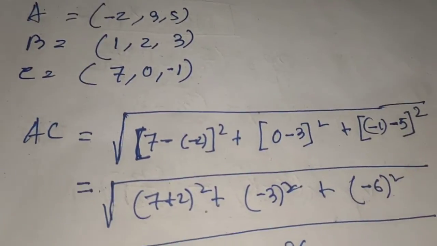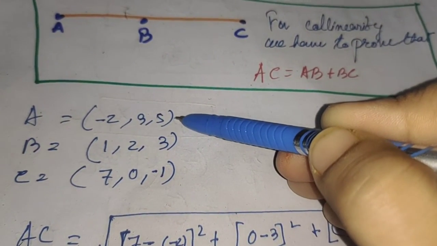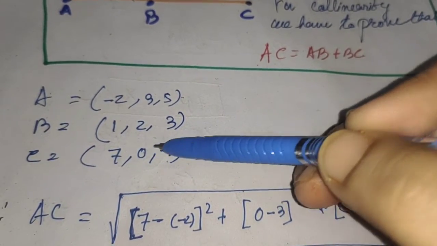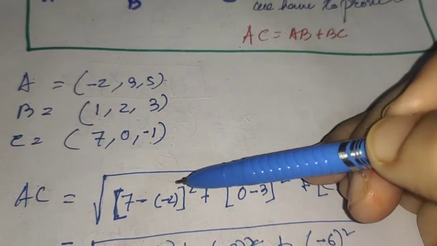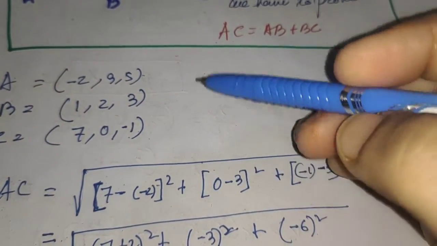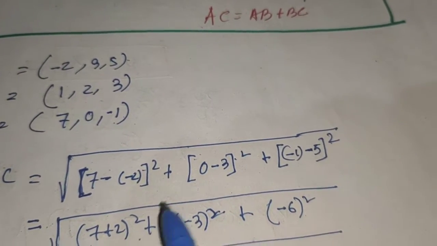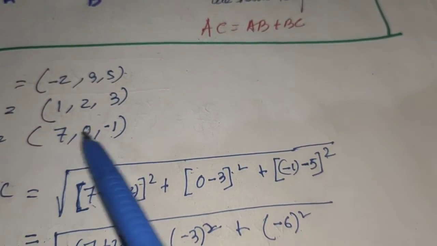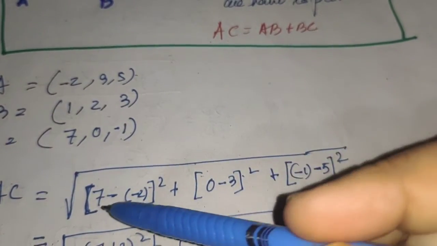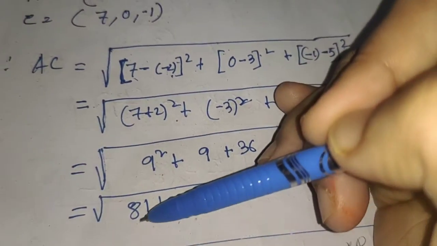Now we have to find the value of AC. In this case, this is your x1, y1, z1 and this one is your x3, y3, z3. So the square root of (x3 minus x1) whole square plus (y3 minus y1) whole square plus (z3 minus z1) whole square. Here x3 is 7 and x1 is -2. 7 minus (-2) whole square means 7 plus 2, 9 squared, which is 81.